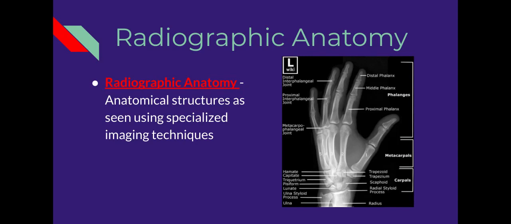Next one is radiographic anatomy. Radiographic anatomy is the branch of anatomy that studies structures that are seen using specialized imaging techniques. The picture here is a type of X-ray. X-ray is not the only type of radiographic imaging that you can use. MRI is also a part, and so are CAT scans. All of these work together because they help you see the internal structures of a living organism without cutting into them.